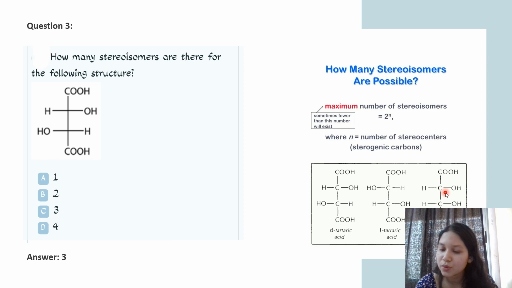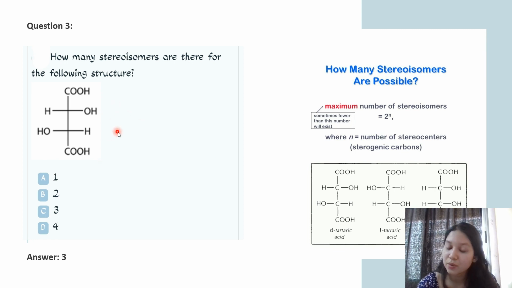So the third and fourth stereoisomers possible for the structure given are the same one. Hence, we will have to count only one of them. Then you will see that only 3 non-identical structures or stereoisomers are possible for the given structure of the tartaric acid molecule.